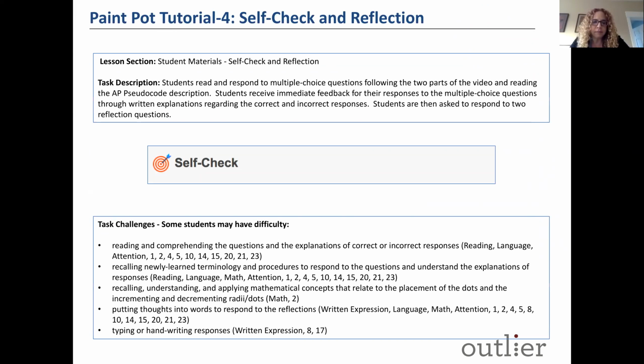Some students may have trouble reading and comprehending the questions and the explanations of why one answer was correct and one was incorrect, because when you respond, a box pops up and explains why your answer was wrong or right. They're also recalling all the newly learned terminology, understanding explanations, recalling and using the mathematical concepts, and then putting their own thoughts into words.